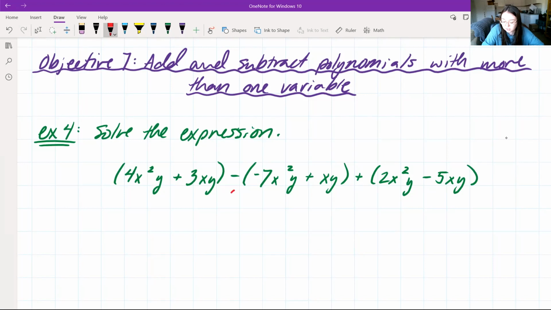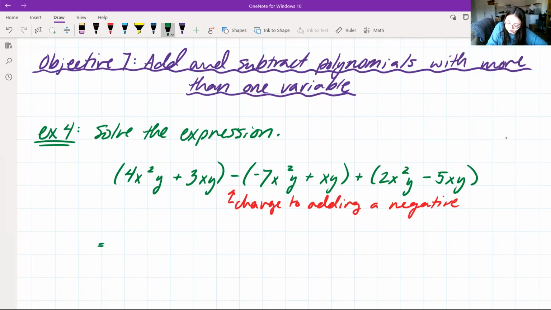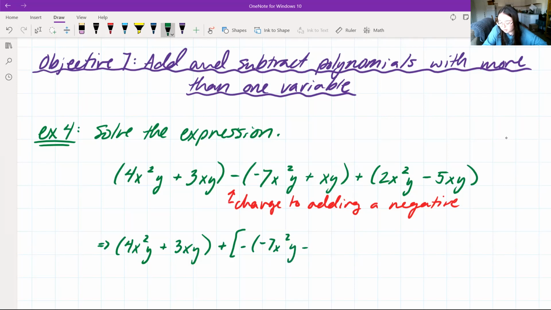We have one subtraction, so we want to change to adding a negative. So we're going to rewrite our expression here. We're still going to have 4x squared y plus 3xy. And now we're going to add -7x squared y plus xy.